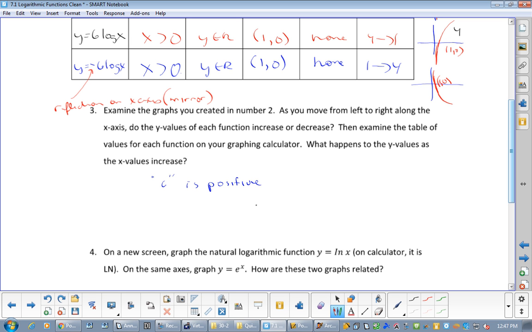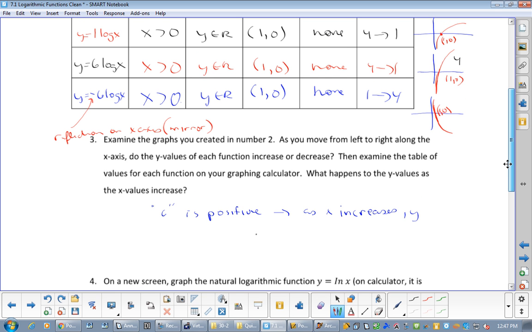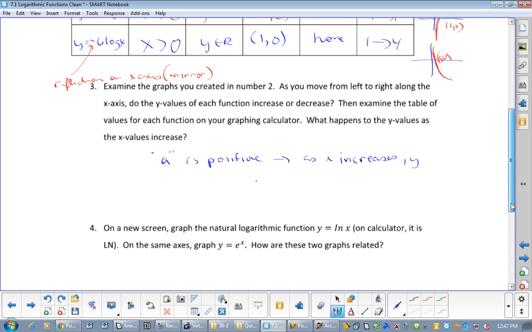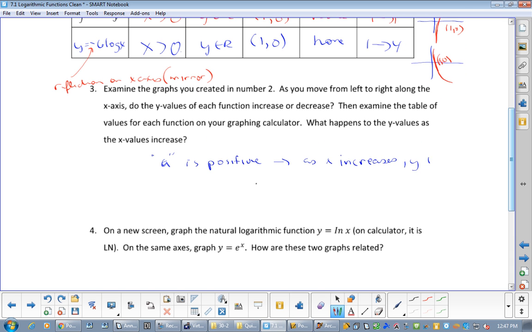As x increases, what is y doing? Is y getting bigger or smaller? If A is positive, as x increases, y increases, right? They're all positive values, right? Just look at it here. As x gets bigger, so does y.